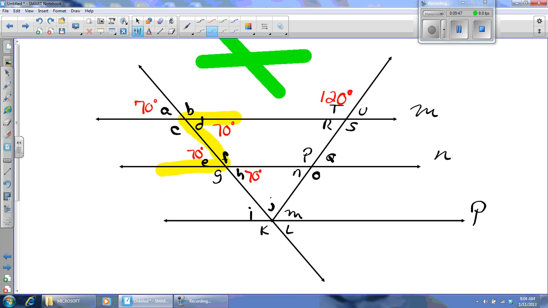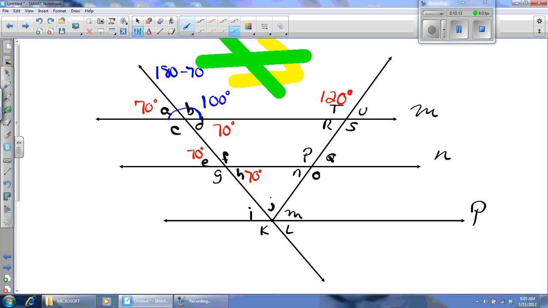Okay? Now, to get angle B, I'm going to remember that two adjacent angles that make a line are supplementary and therefore 180 degrees. So to get angle B, I'm going to do 180 minus 70, and that's going to be 110 degrees. Now I can get angle F from this, and there's lots of different things you could do.